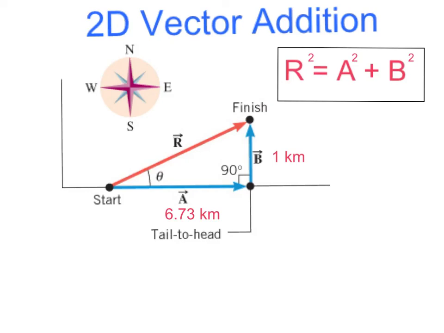And in order to find the length of that displacement vector, we use the total x component of 6.73 as the base of our triangle, the total y of 1 kilometer as the height of our triangle, and we use the Pythagorean theorem to find the length of our resultant vector. And plugging everything in, we find that length is 6.8 kilometers.